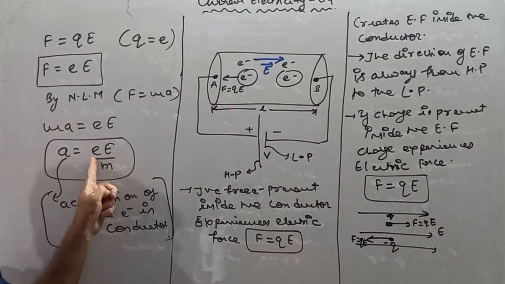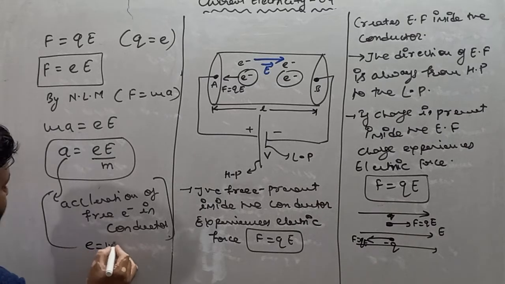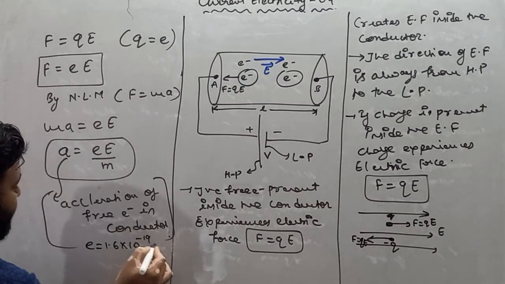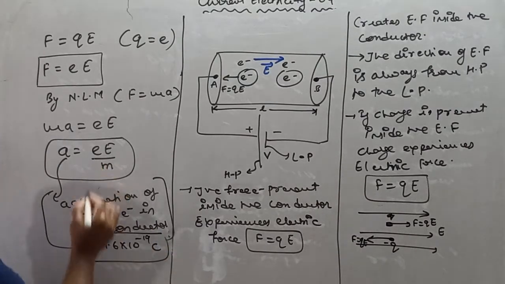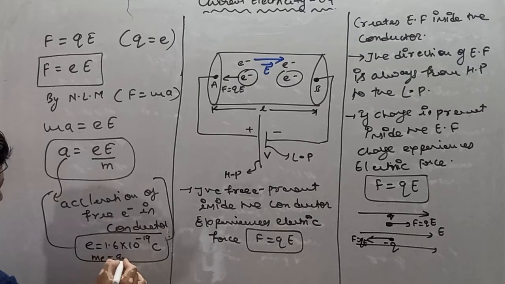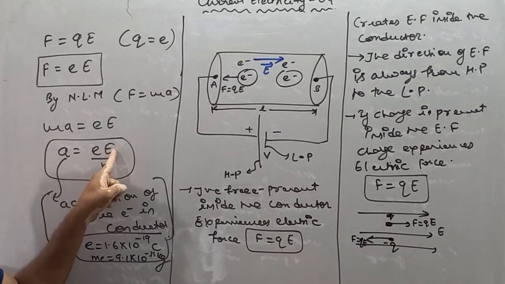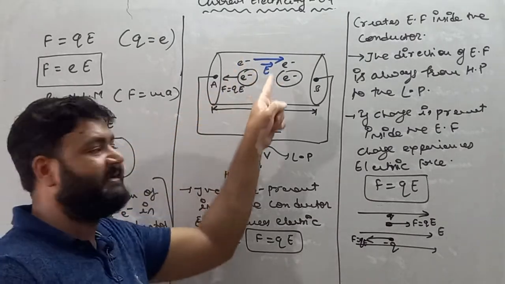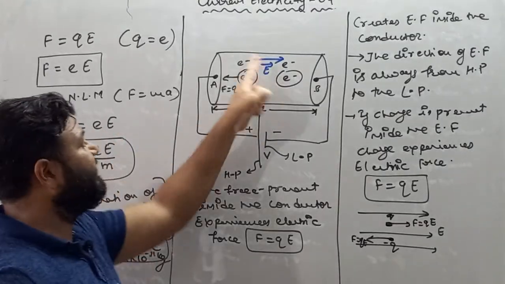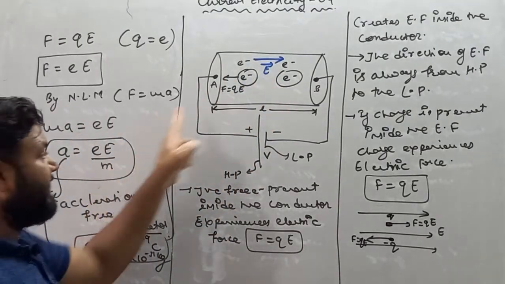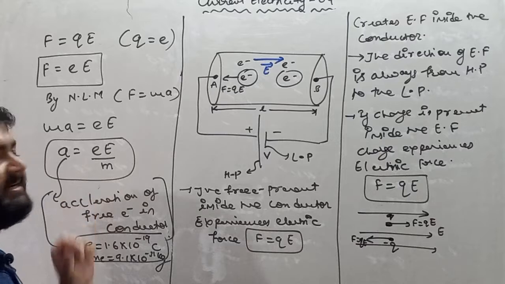So e is the basic charge. Its value is 1.6 into 10 raised to power minus 19 coulomb. m is the mass of electron. Mass of electron is 9.1 into 10 raised to power minus 31 kg, and E is the electric field. So every free electron carries the same charge, every free electron carries the same mass, and for every electron the electric field is also the same.